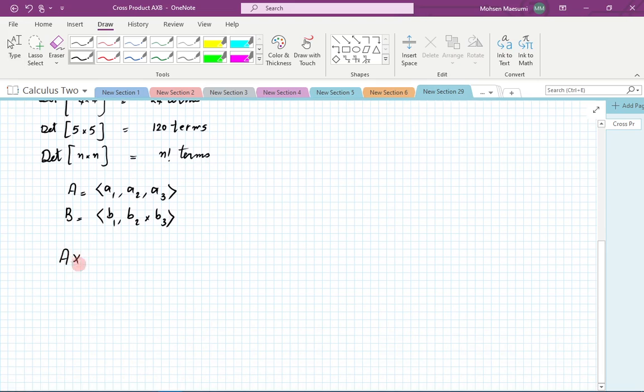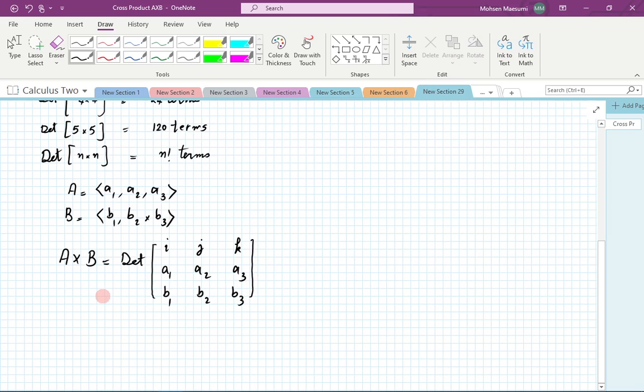A cross B is defined as the determinant of a matrix whose first row is just made out of the standard unit vectors i, j, k. The second row is the first of these vectors, which is a1, a2, a3, and the last one is the second of these two vectors, b1, b2, b3.